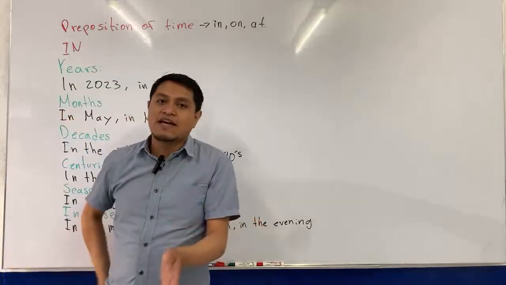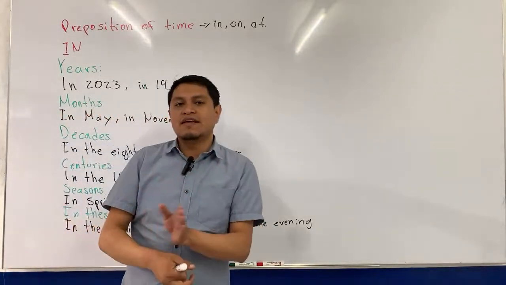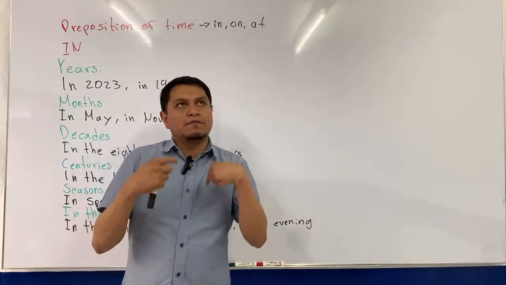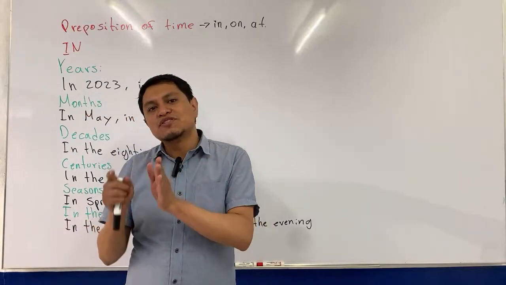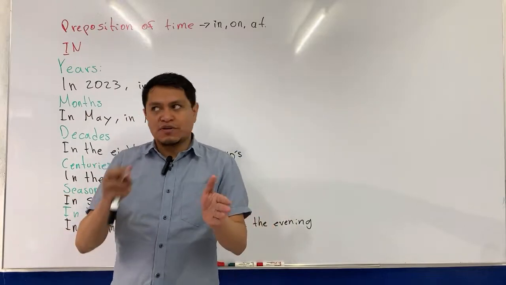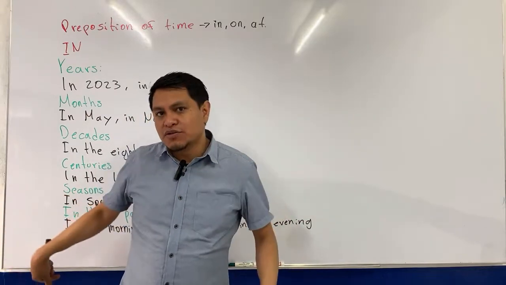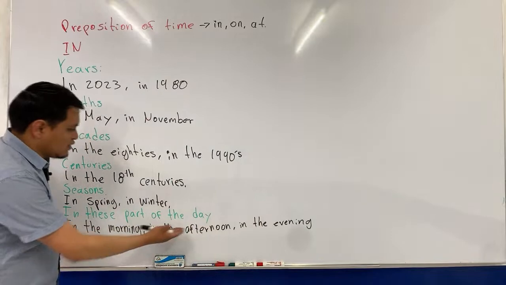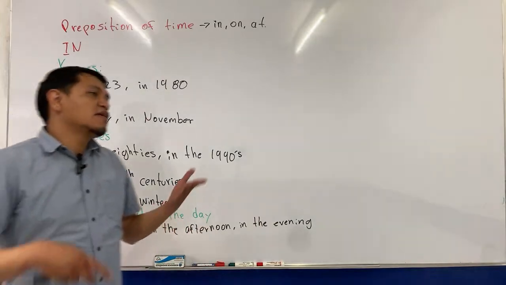But not for night. It's incorrect to say in the night. For night, we use the preposition at, at night, right? But for all these we use in the morning, in the afternoon, in the evening.